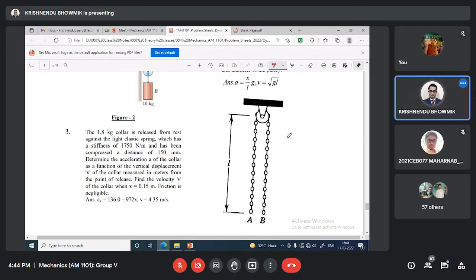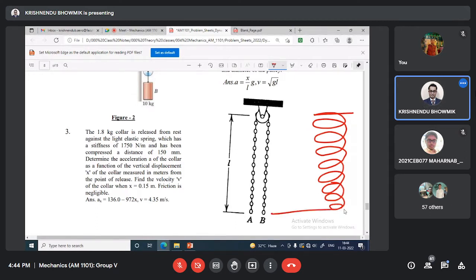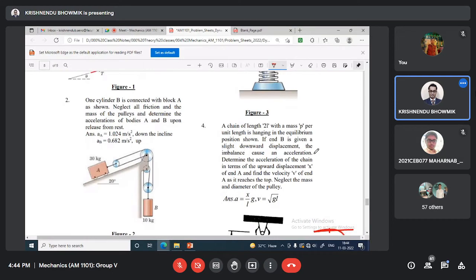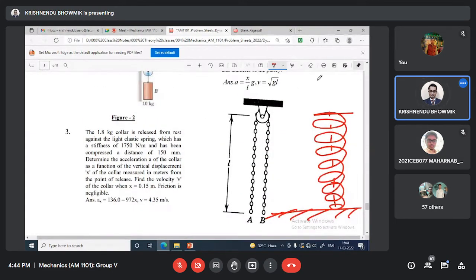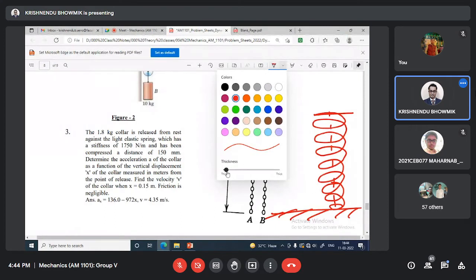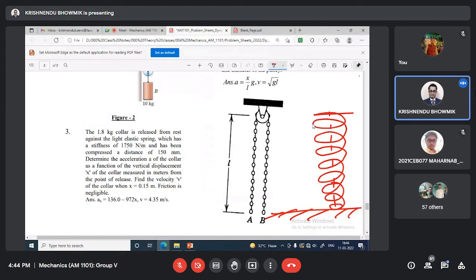Okay, that means say this is the first condition, unstressed conditions. Roughly I am drawing this. Maybe this is the ground, and this is the spring. This is the unstressed condition.